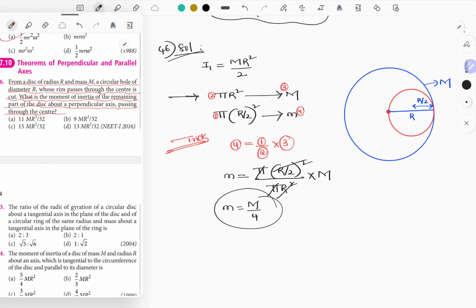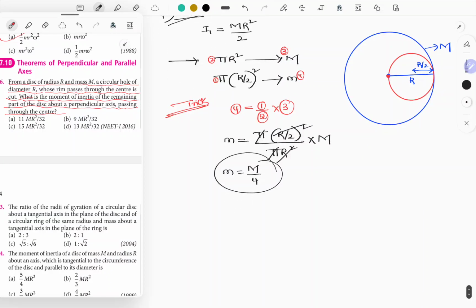Now I have to find the moment of inertia of the body which is being removed. Let me represent that. The moment of inertia of the body which is being removed is this one. The radius is R by 2, the mass of this object is M by 4.